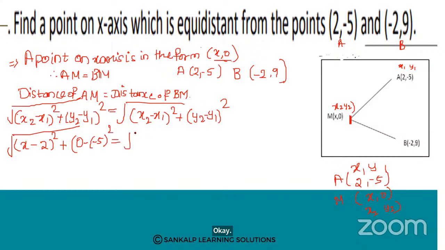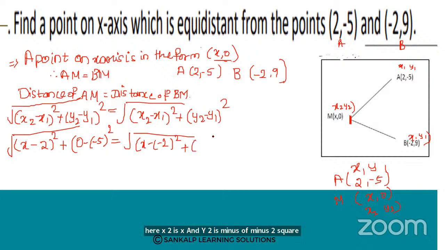Okay, now BM. Here x2 is x, and x1 is minus 2, so x minus of minus 2, square, plus y2 is 0 and y1 is 9, so minus 9 whole square.